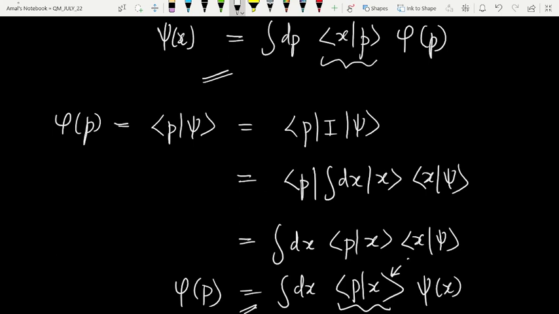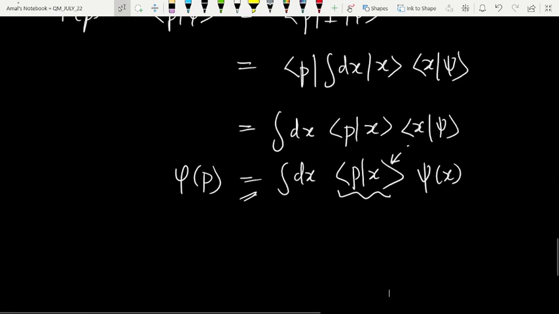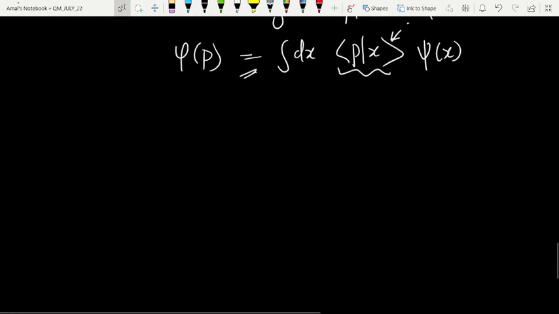Both the relations contain another function, and in each relation the complex conjugate of that particular function is present. So what is this function, x comma p? And if we notice it carefully, this relation is in the form of a Fourier transform.